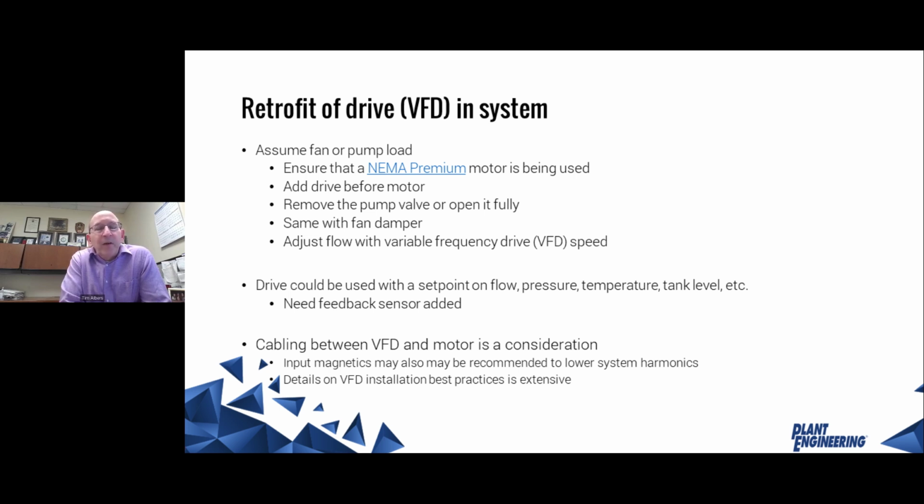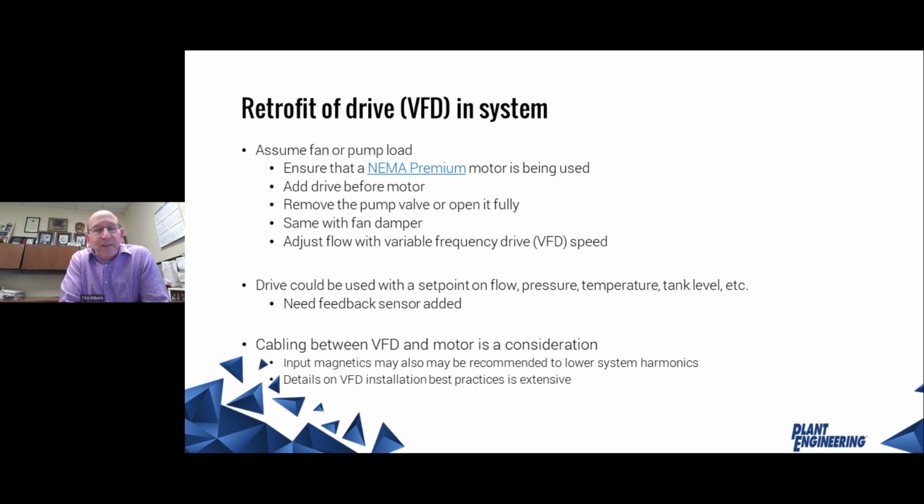One of the other things that should be considered for the installation of a VFD, which is unique compared to running a motor on a sine wave, is the cabling between the drive and the motor. It is absolutely a consideration. Keeping that distance as short as possible is always recommended.